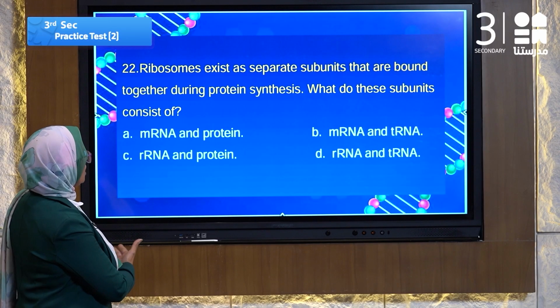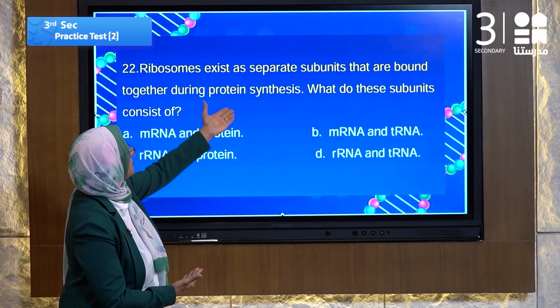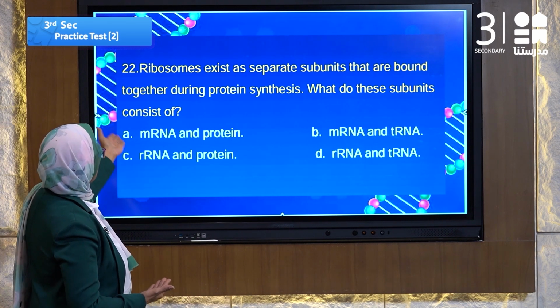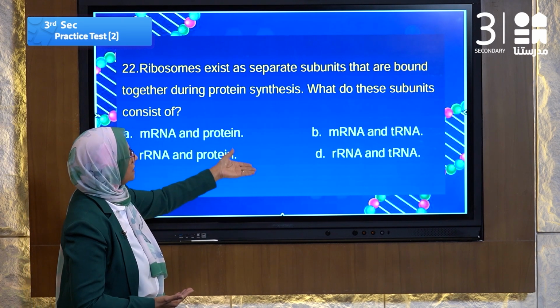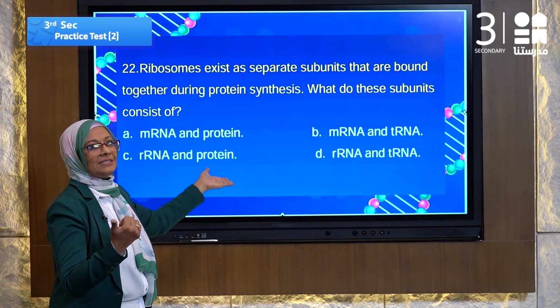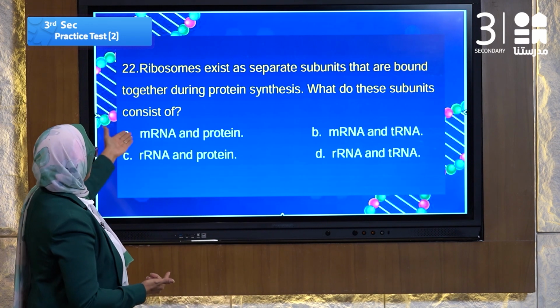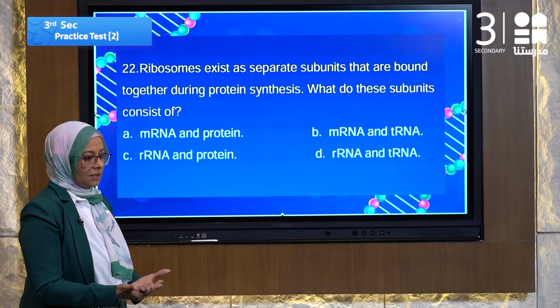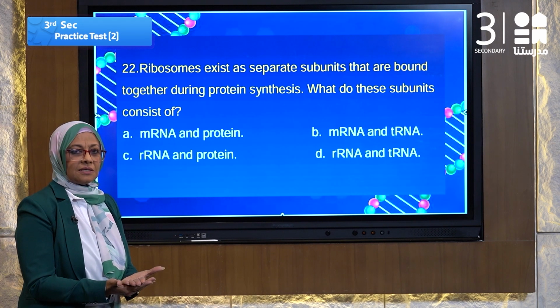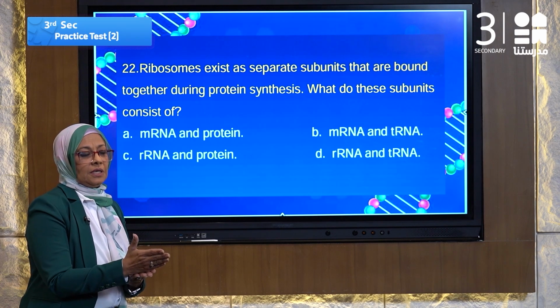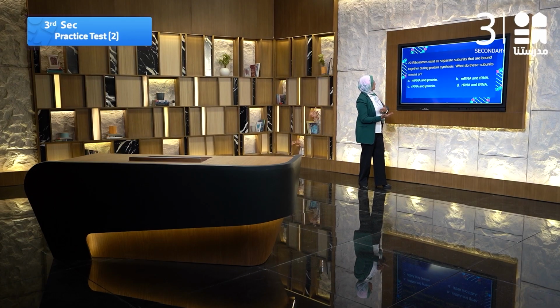Let's go to the question again. Ribosomes exist as separate subunits that are bound together during protein synthesis. What do these subunits consist of? The subunits are the base where we synthesize the protein. Let's read the choices.